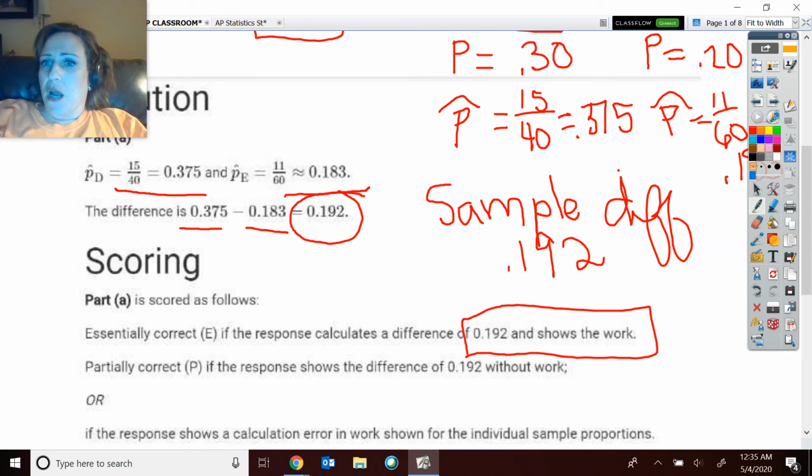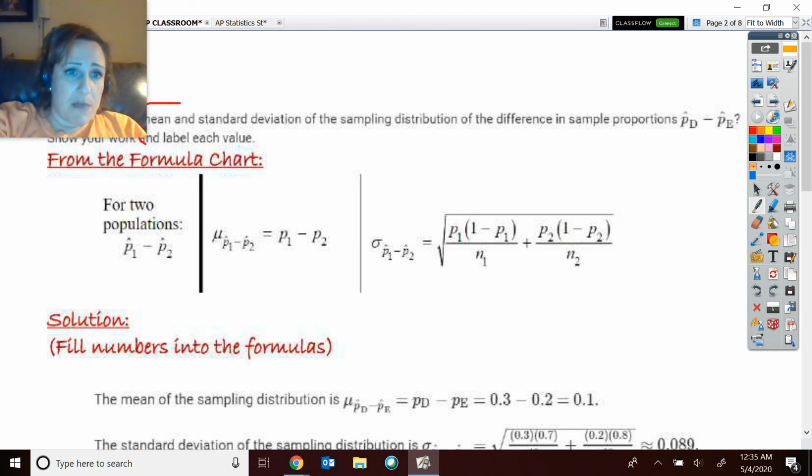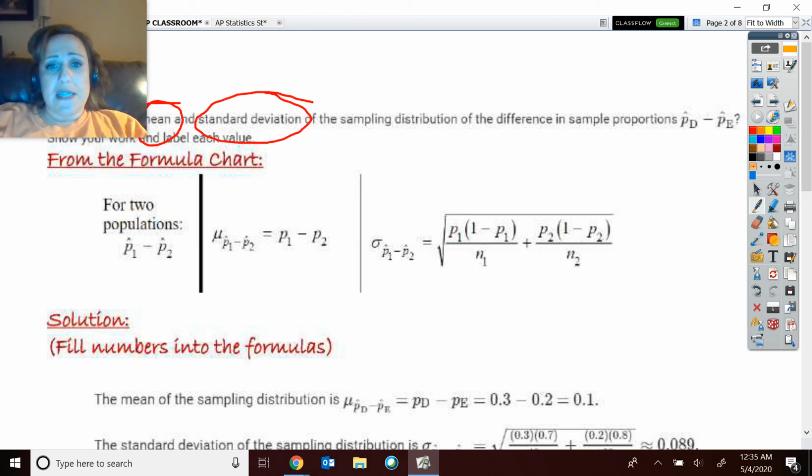Okay. All right, next. This one says, what is the mean and the standard deviation for the sampling distribution for that difference of those sample proportions? So let's think about what that's saying.